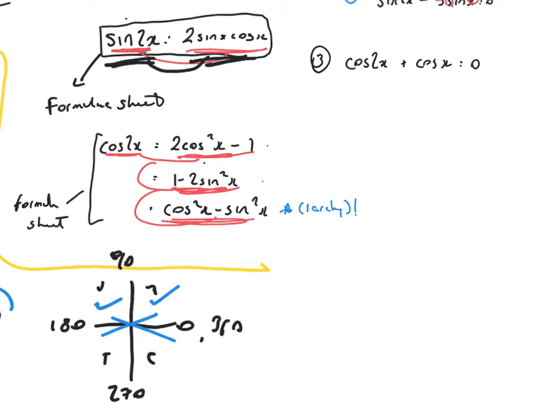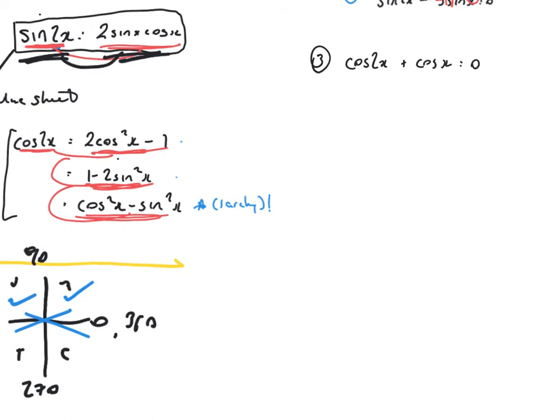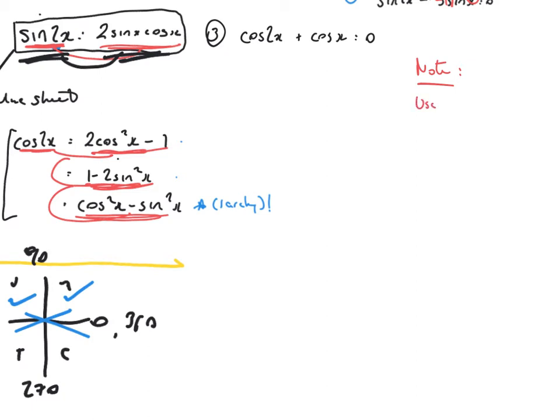Now, which one should we use then? That's a decision to make. We'll take a note of this just now in your jotter, because here is how you make the decision. Let's write a note on this just now. Use cos 2x equals 2 cos squared x minus 1 if cos x also appears in the question.